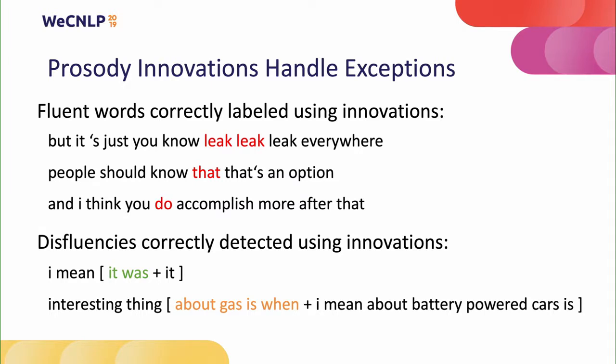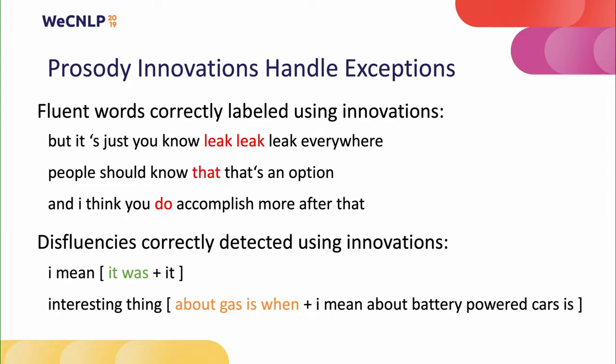And then the last example is an example of unusual emphasis. And this is just getting at not so much whether I got a disfluency correctly or not, but something for other applications. So what is really important here? I think you do accomplish more after that.